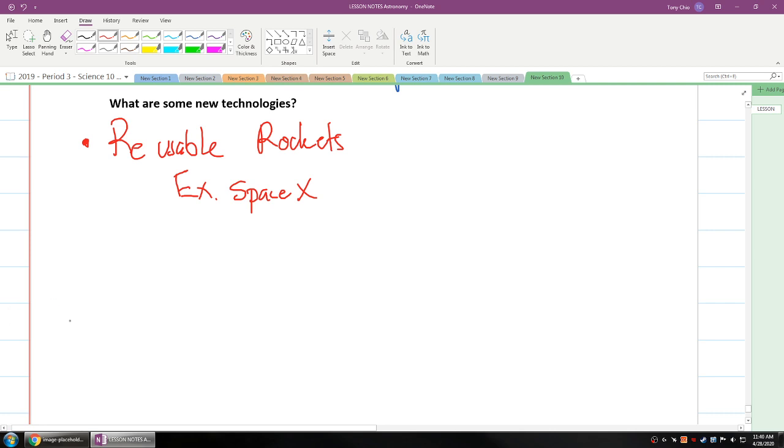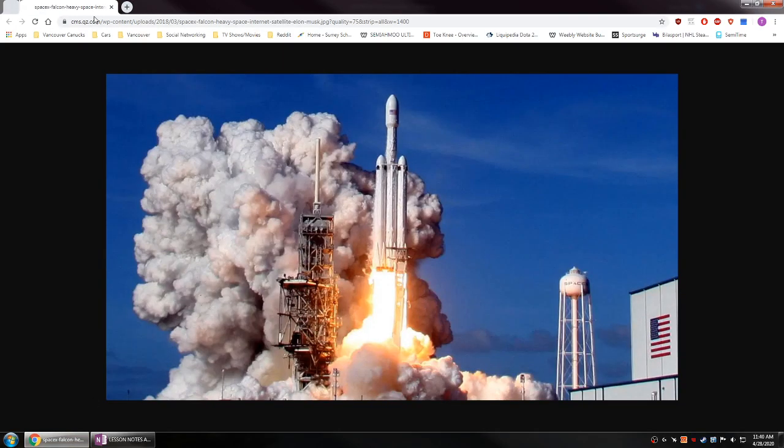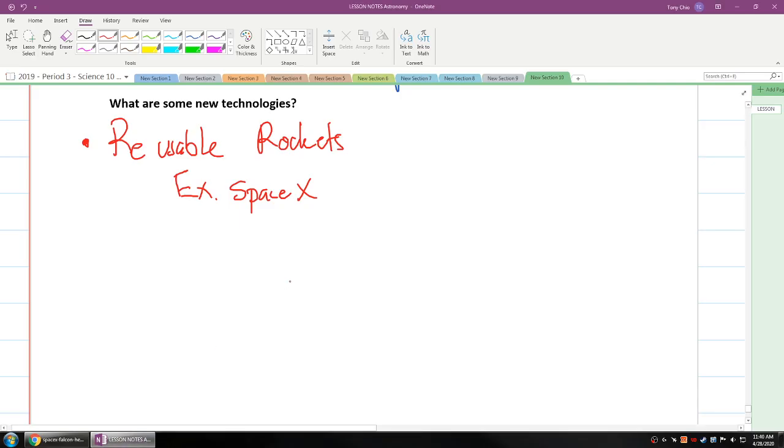You might know of him from Tesla, and he started a reusable rocket program we call the Falcon program. This is called the Falcon Heavy. These three boosters are rockets, the payload's up there. And these three rockets can land themselves. So if you search up Falcon Heavy, you can actually watch on YouTube these three rockets landing on their own.